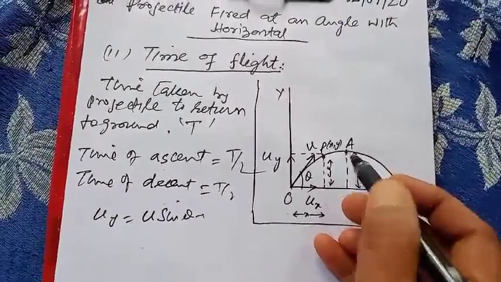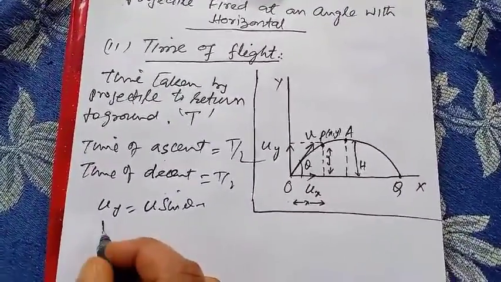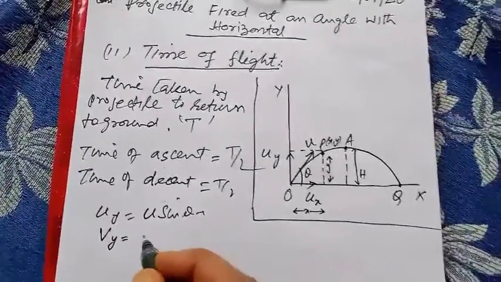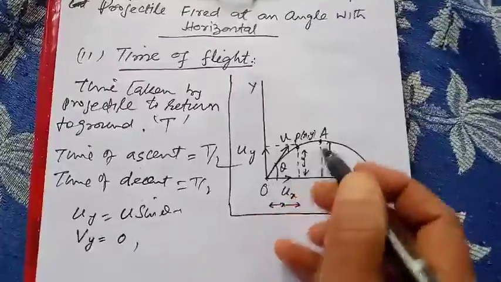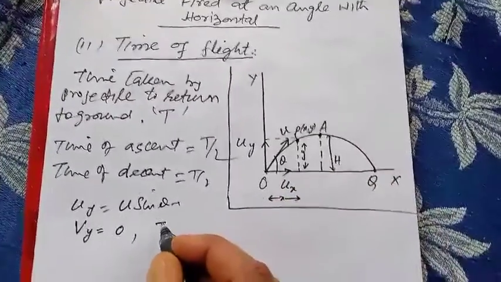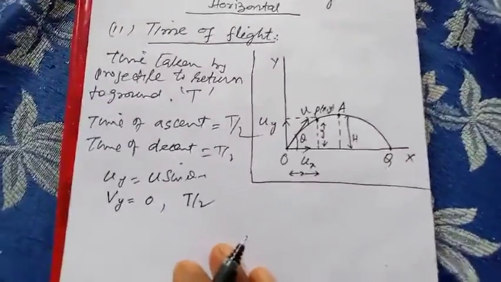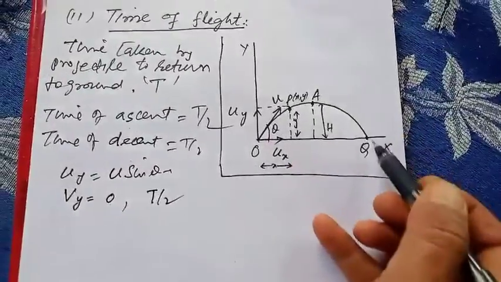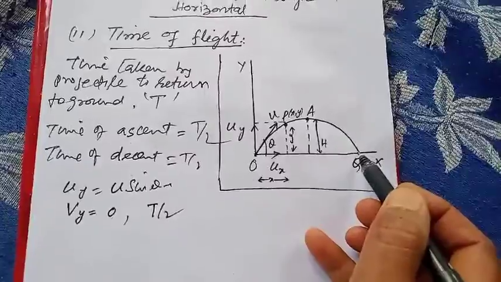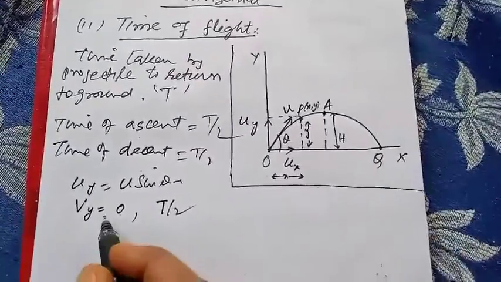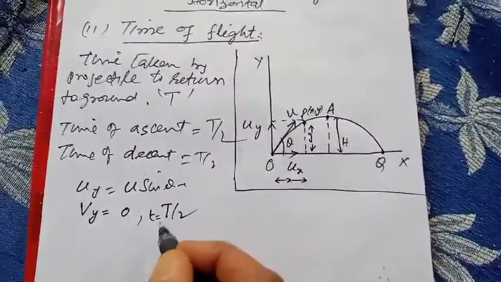This velocity becomes 0, that means Vy is equal to 0. And the time from this to this is half of the time taken by the projectile from the initial point to the final point when it hits the ground.